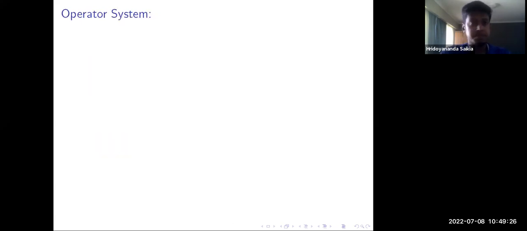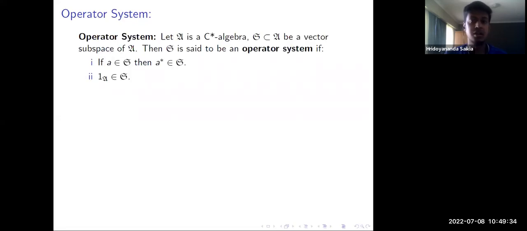Now we want to define something new, and this is called an operator system. An operator system is a vector subspace of a C-star algebra A. Additionally, it should have two properties. Firstly, it is self-adjoint, and secondly, it should contain the identity element. What I mean is the following.